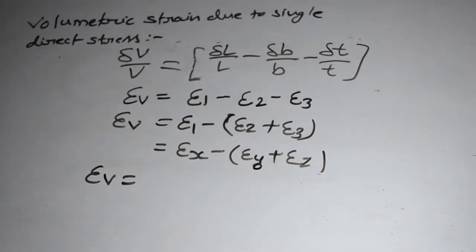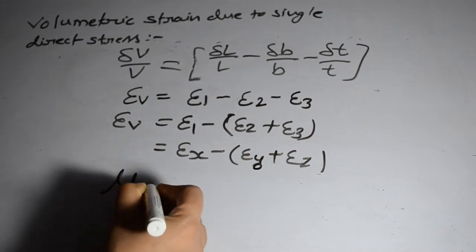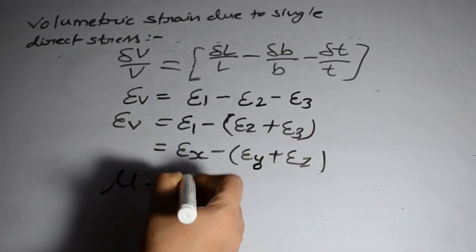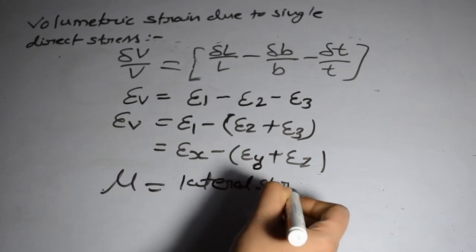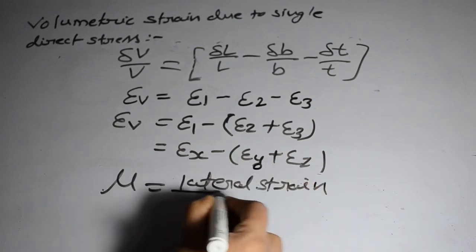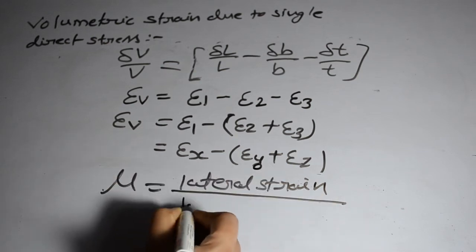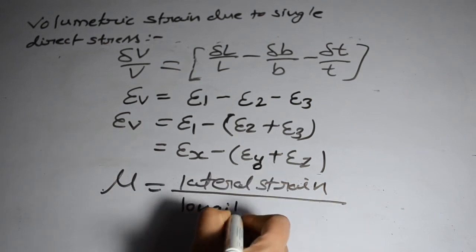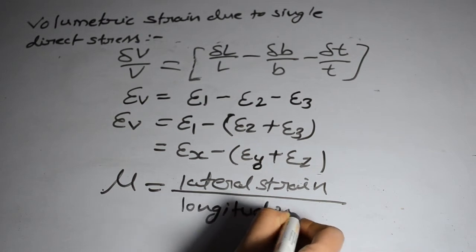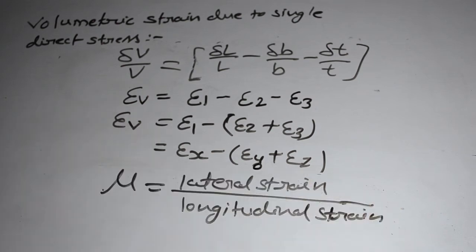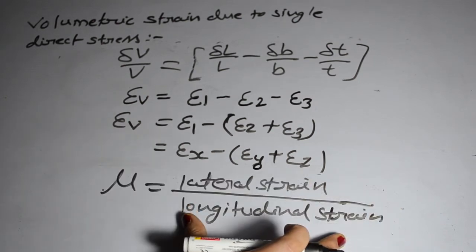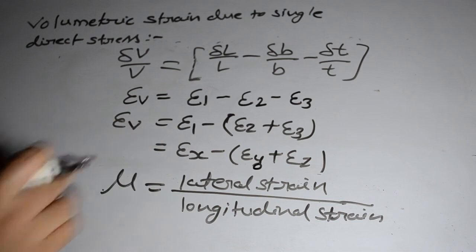This is the longitudinal strain, and this is the lateral strain. And I told you in Poisson's ratio, the Poisson's ratio is the ratio of lateral strain by longitudinal strain, and this longitudinal strain we are denoting by eta 1.